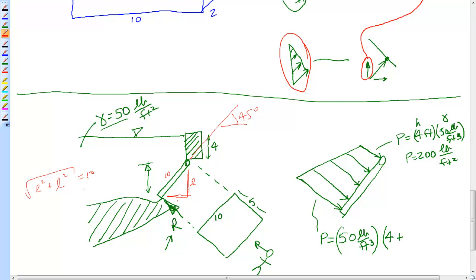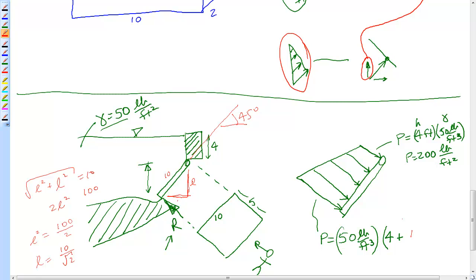So you multiply that, you make that 100, you get 2L squared. L squared is equal to 100 divided by 2. And then you say, well, L is equal to 10 over square root of 2.